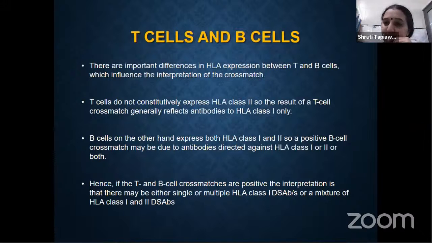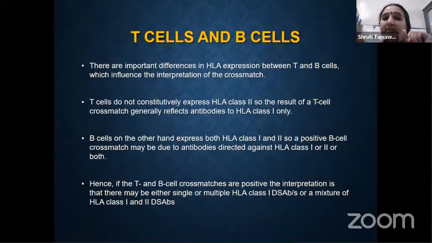So what about T cells, B cells? Why not just totally incubate all the cells? You need lymphocytes because lymphocytes are the ones which are mostly going to give you the reaction and have the HLA antigens engaged on them. But you need T cells and B cells. There are differences between the HLA expressions of T cells and B cells. T cells do not constitutively express HLA class 2.